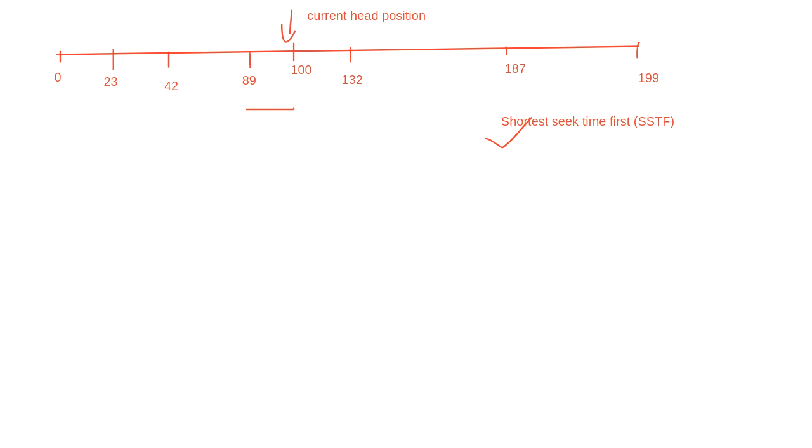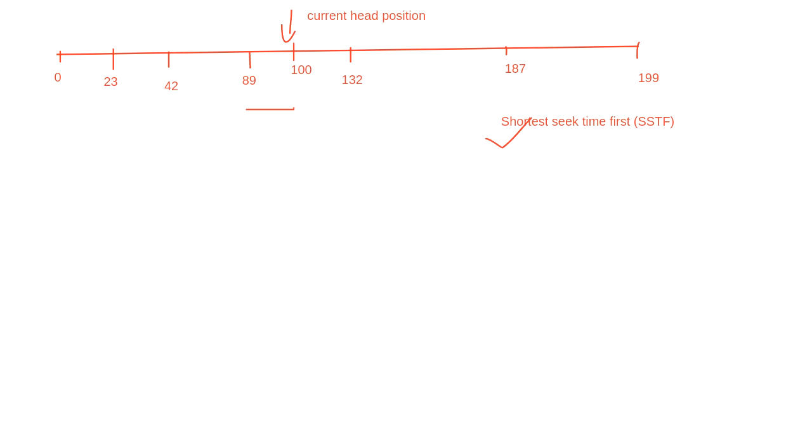From 89, you have to decide whether going to 42 is nearest or going to 132 is nearest. How do you find out? Again we will use the calculator. 132 minus 89 is how much? 132 minus 89 is 43.